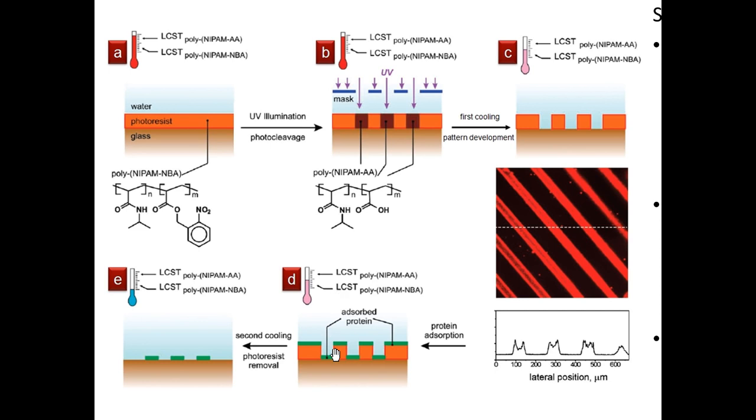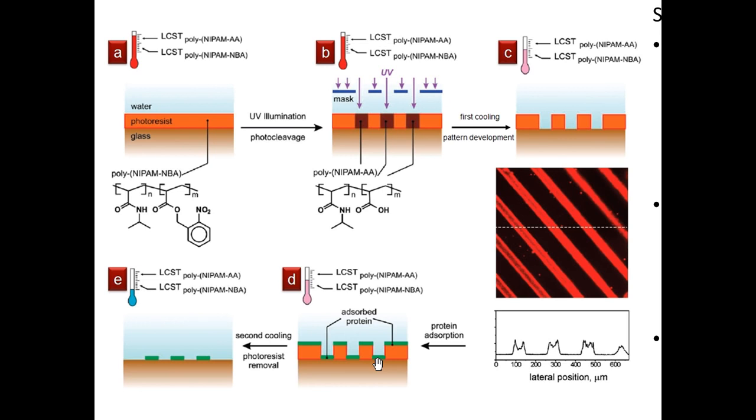Now, what they're doing here is showing that you can actually pattern a biomolecule using this approach. So they put this in a solution containing proteins. What they're trying to do is pattern proteins, as they have done here in this micrograph. The proteins will attach to the glass substrate or the glass chip underneath, and proteins actually like to attach to glass, depending on what type of protein it is.